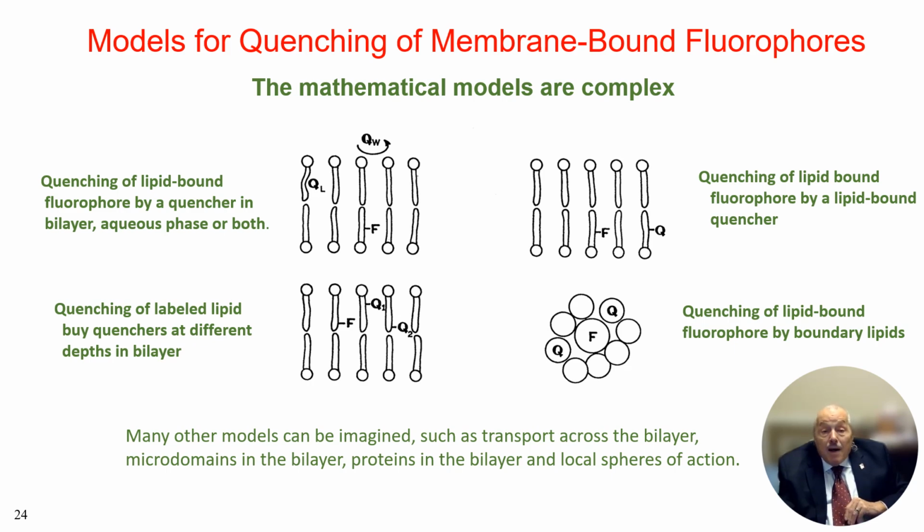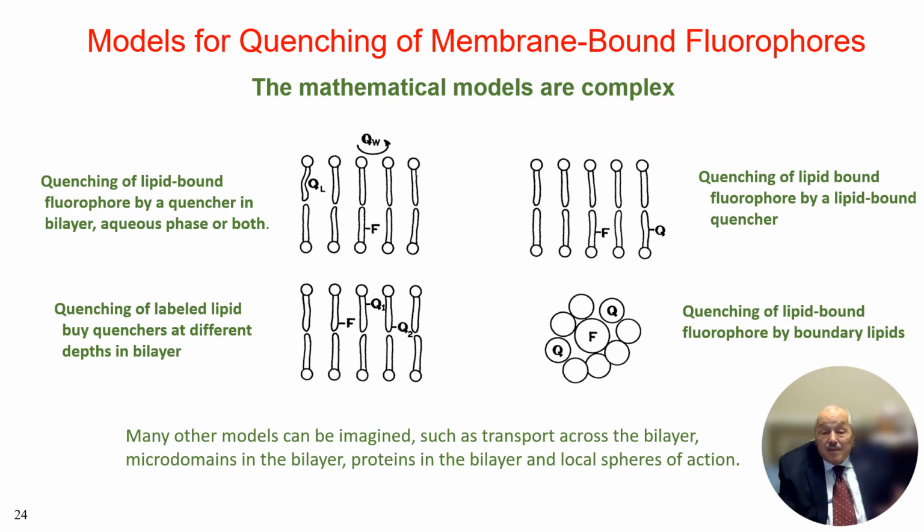More detailed models for quenching of membrane-bound fluorophores are almost impossibly complex because there are too many factors that need to be considered. Let's say we wanted to build a mathematical model to describe the quenching and even the effects of diffusion on quenching.